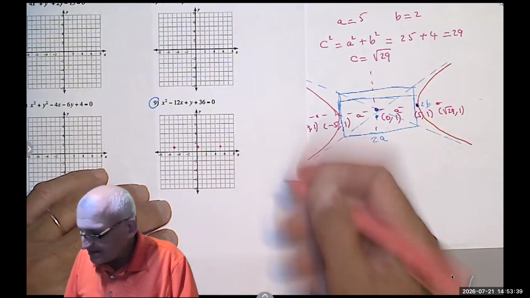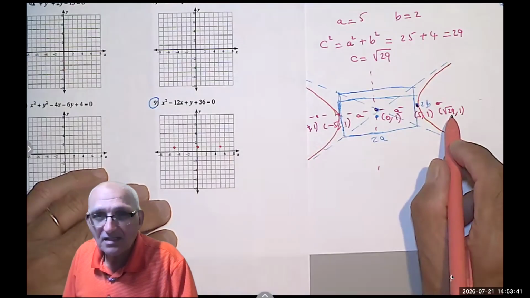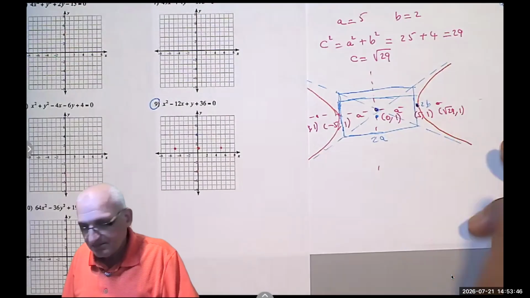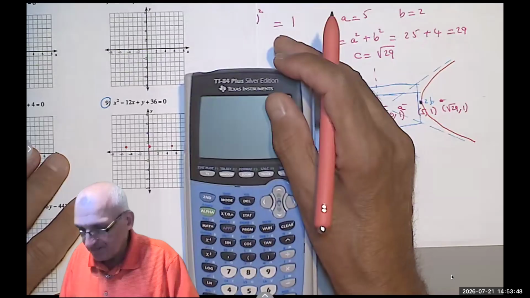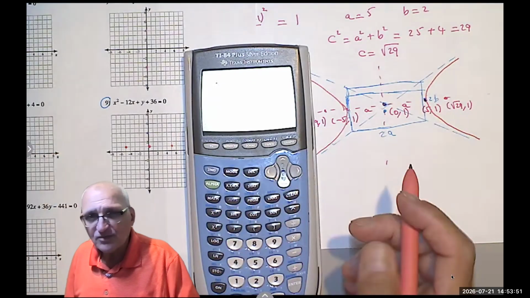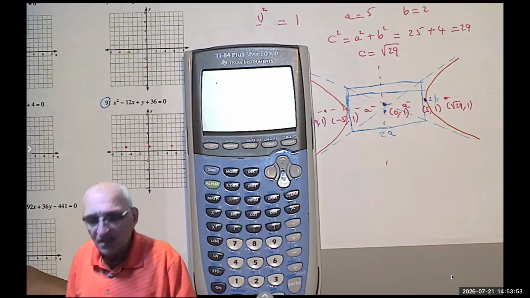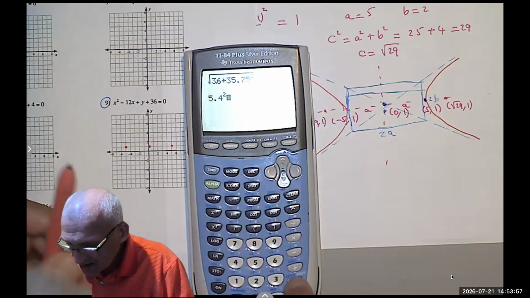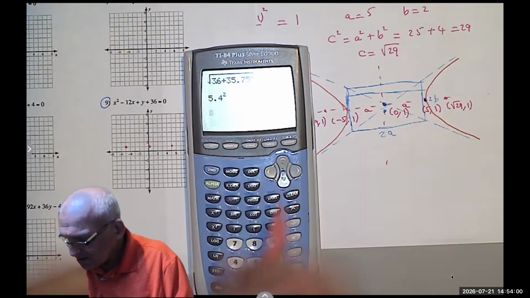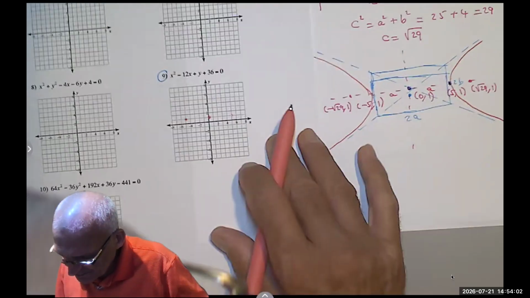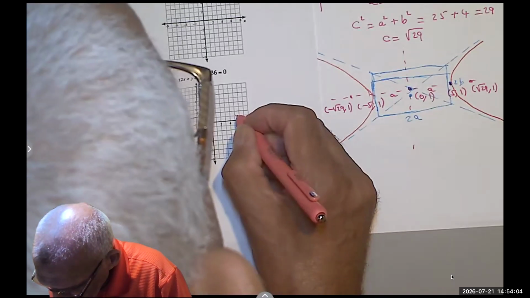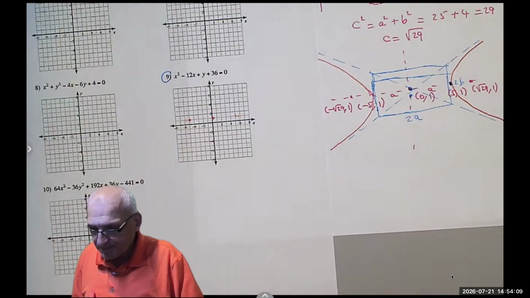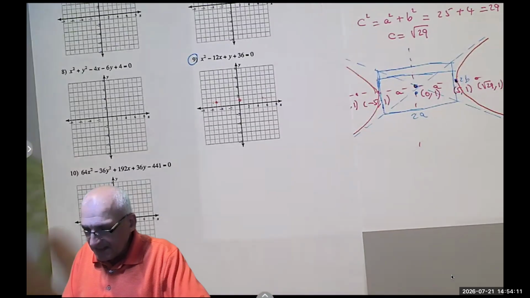We can locate it. I mean, square root of 29 is what, 5.4? 5.4 would be 29.16, right? Yeah. So roughly 5.4. This is one of the foci, and that's the other one. B is 2.